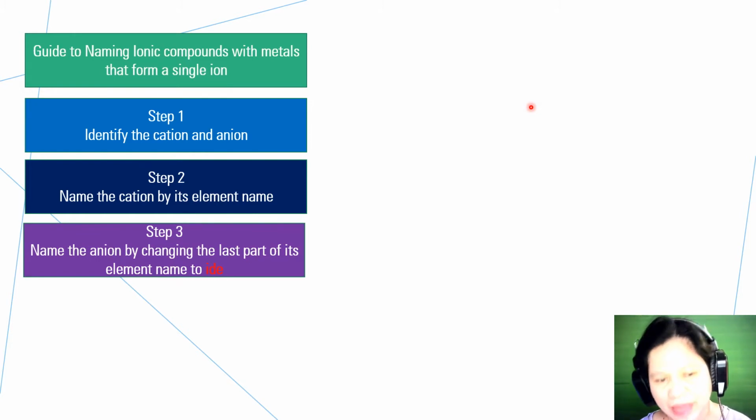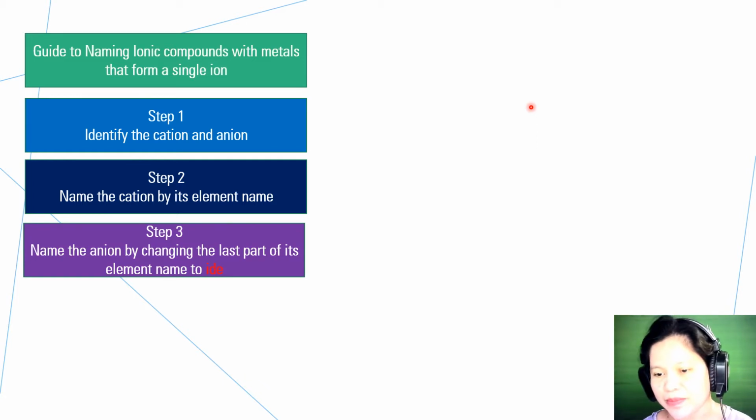Now, following the steps, name the cation first. So, which is the cation? Which is sodium. So, that would mean the first name in the element is sodium plus the negatively charged, which is the anion, which is chlorine.